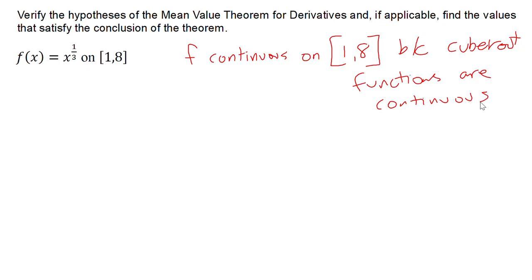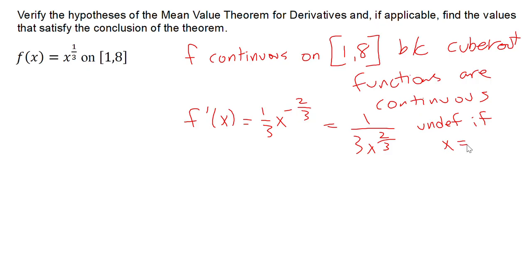Now, we do have to worry about the derivative here, right? So f prime of x, so we do need to see what it is. It's 1/3 x to the negative 2/3, or 1/(3x^(2/3)). Right? Well, this does not exist, and this is undefined if x is equal to 0.